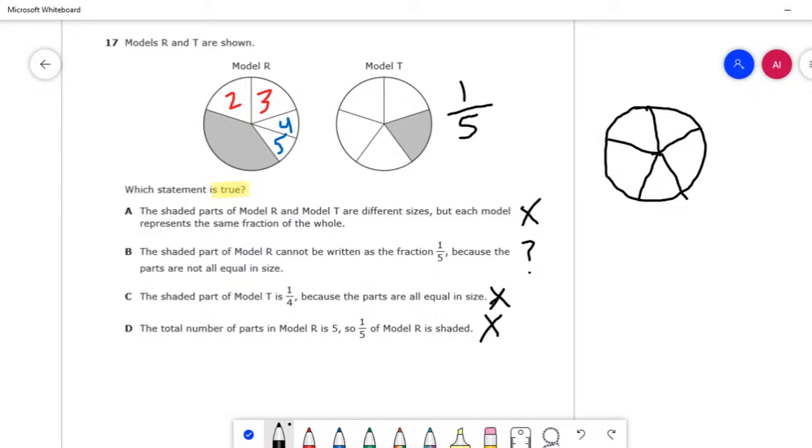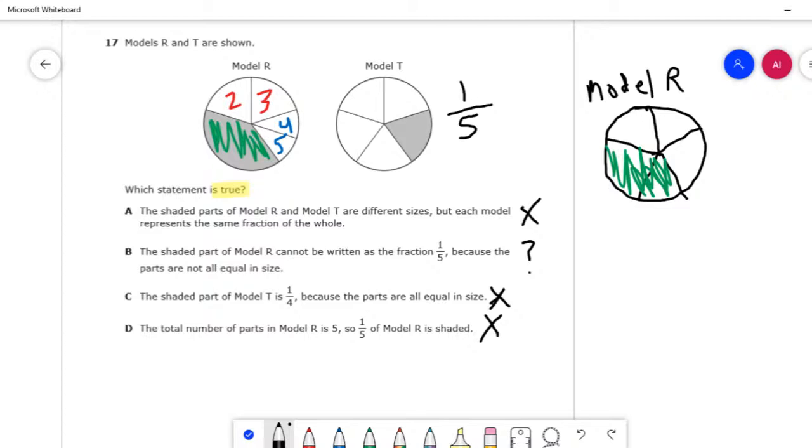This is a lot more similar to how model T divided up. And if we were to shade in the same part that's shaded in model R with green, that would be all of this here. All I did is take model R and redraw it right here. This is also just model R, just with the parts divided differently.